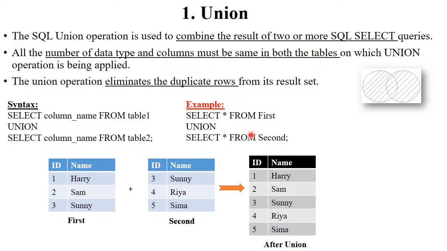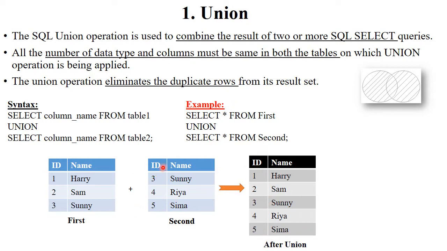So you apply it like: select star from first table. You can select any column from the first table. Union, you use the union operator in this way, and select star from second table. So select all the columns from the second table. After executing this query, your result will be this.